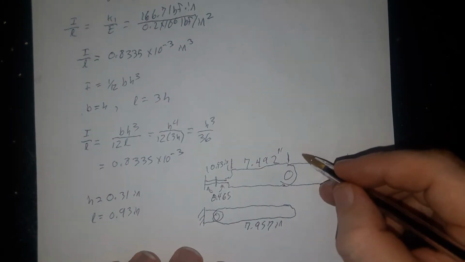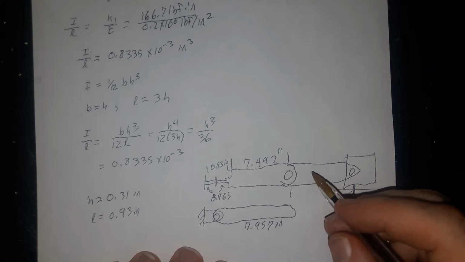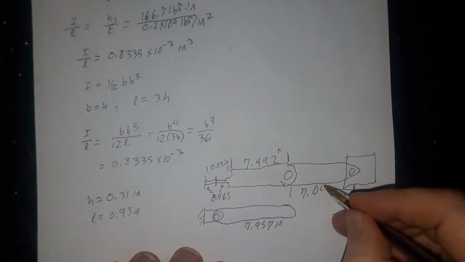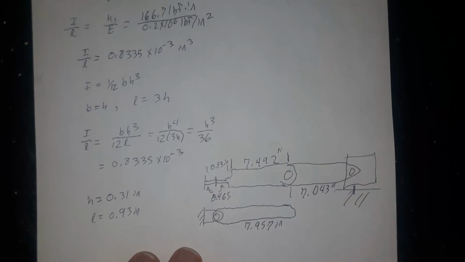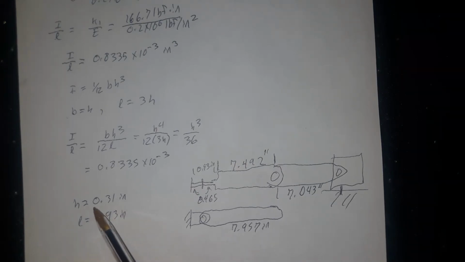And of course, the R3 value is just this one, and that is 7.043 inches. Okay, and so this will give me a compliant mechanism that will do what it specified, and it will have the cross-section properties B and H are 0.31 inches.